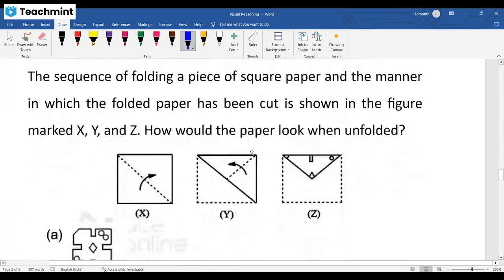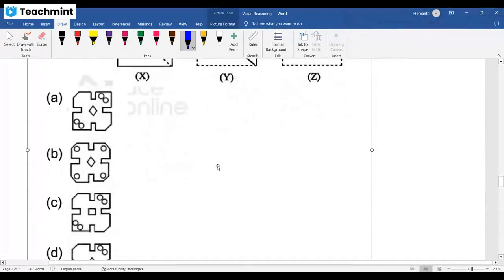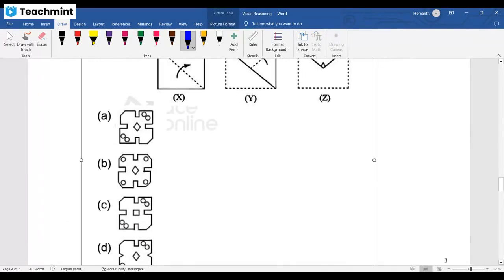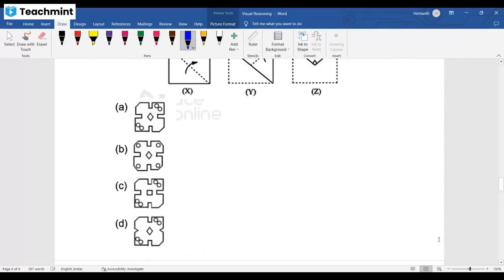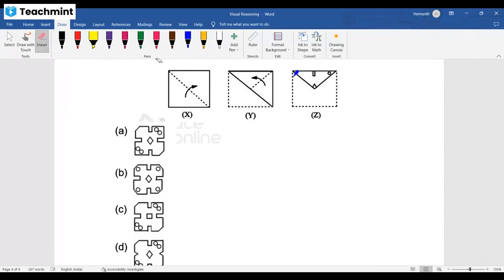Okay. See this next question. Here there is a cutting. Here there is a cutting. Cutting is given in that. Here. Right, when you unfold, what will happen when there is a cutting here?